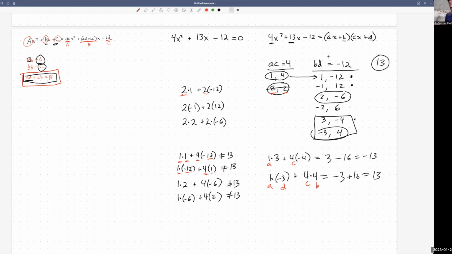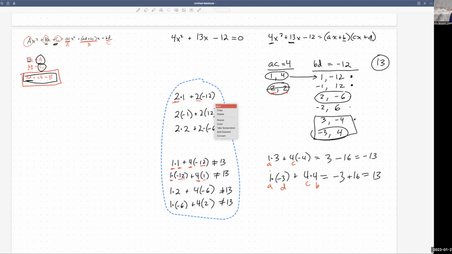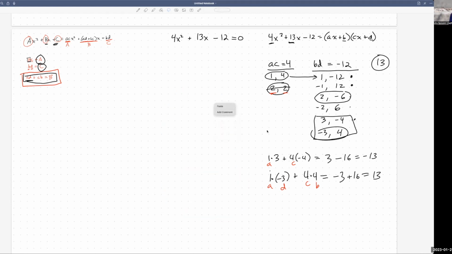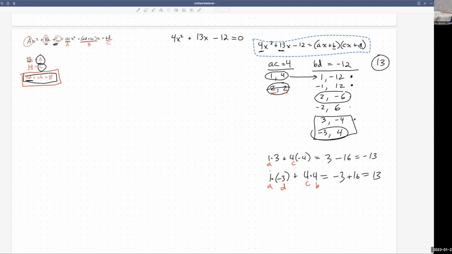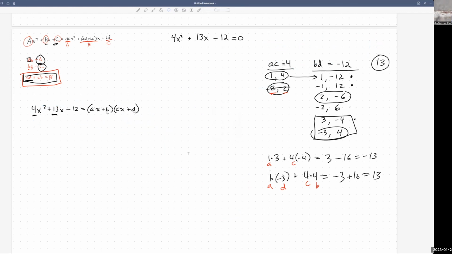So it's a lot, but let's just put it in, and then we'll see what we can do next. Now that we have our values, things are getting messy, so let's erase all this scratch work. Let's take this equation over here. Now I've got my values of A, D, C, and B. Let's just write them in.